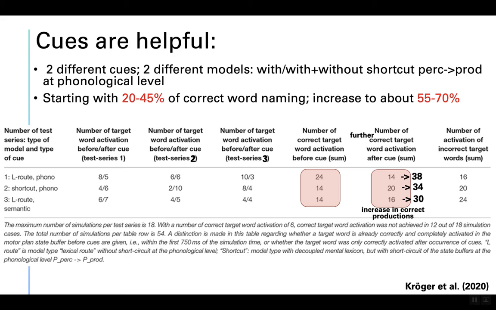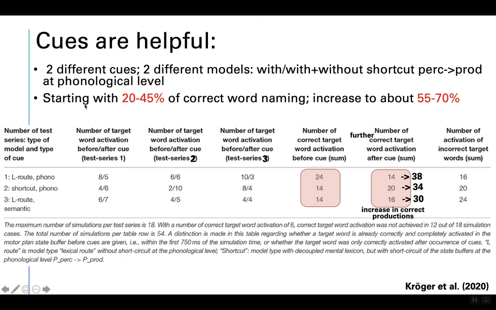And indeed, here we see the results of our simulations. We have two different cues, the phonological and the semantic cue, and we have two different models. The first model we are looking at is without the shortcut, and the second model is with the shortcut added, from the perception to the production side.